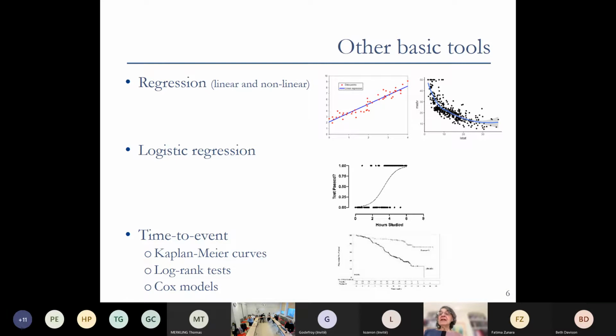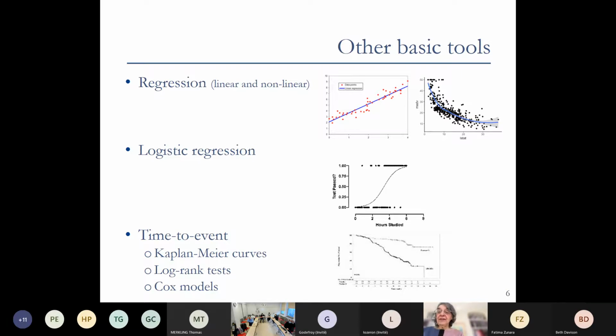Every time the event occurs, the curve drops down a little, and you want to see the experience over time of a population in 2 different groups. That's a Kaplan-Meier curve, which I've displayed here. You test them statistically, either with a log rank test or a Cox model, and there are other methods too. So those are the basic statistical tools that we have. There are lots of others that are more sophisticated, but these are the basic tools.